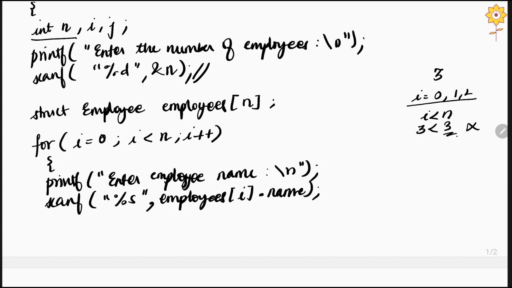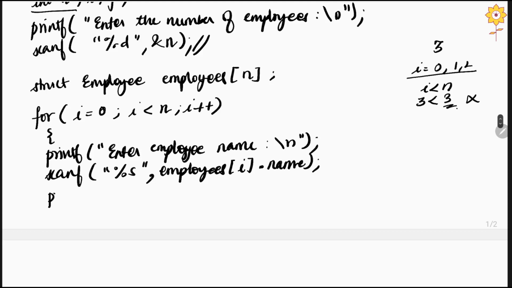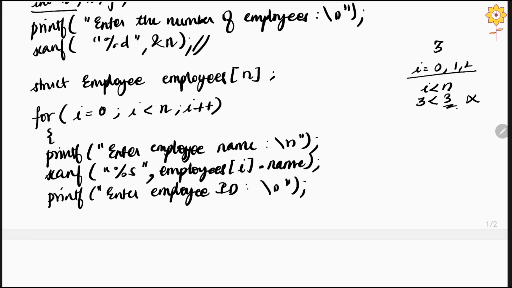Similarly, you will ask them for their employee ID. So, you will write printf enter employee ID \n for new line. Then again scanf, employee ID is of integer data type, that is why format specifier is %d.